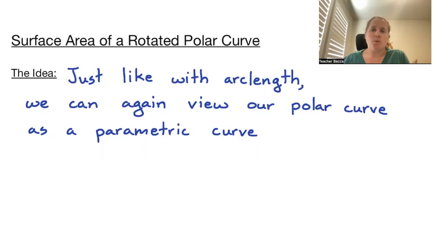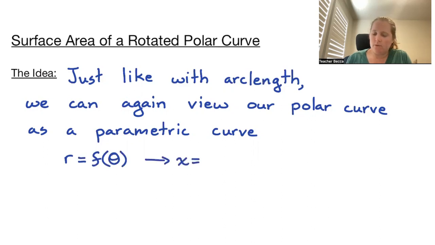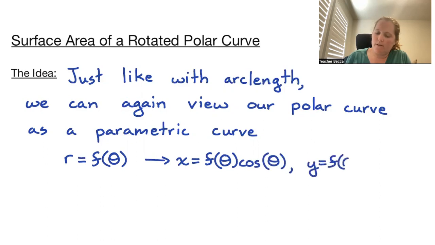We have, if r equals f of theta, then we have again x equals r cosine theta, or f of theta cosine theta, and y equals f of theta sine theta.